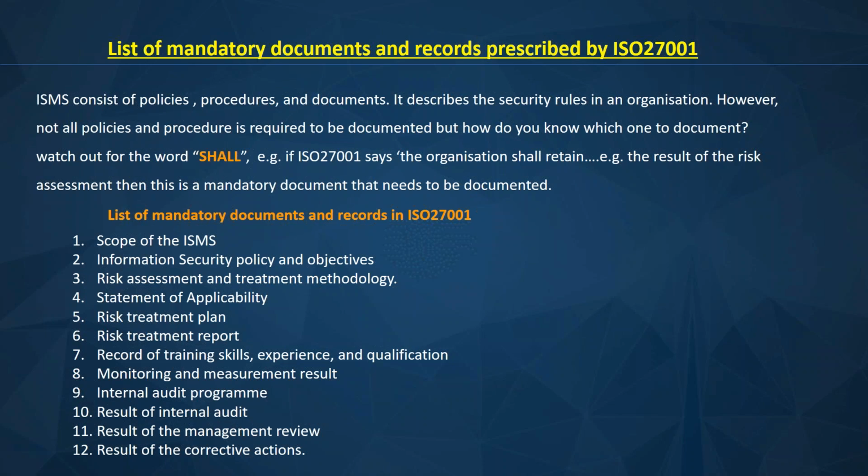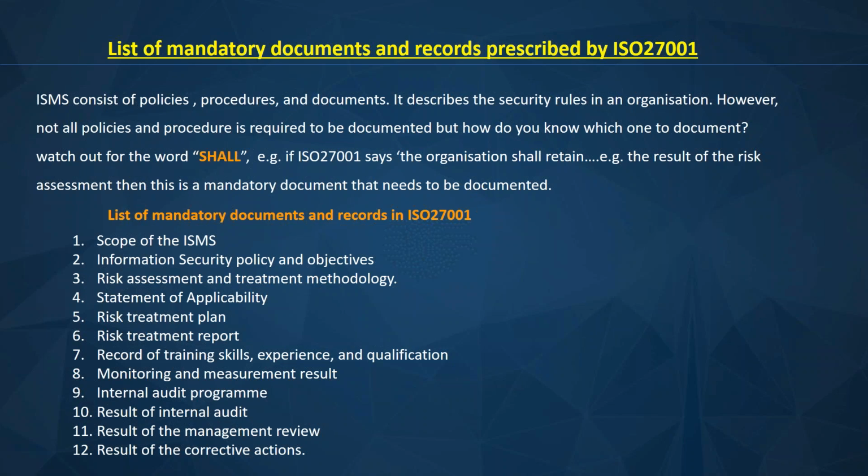So when it says the organization shall retain, e.g., the result of the risk assessment, then this is a mandatory document that needs to be documented. So when you are going through each of these clauses, watch out for that word shall. Whenever you see the word shall, they are telling you that by the time you want to implement this clause, you need to document it.